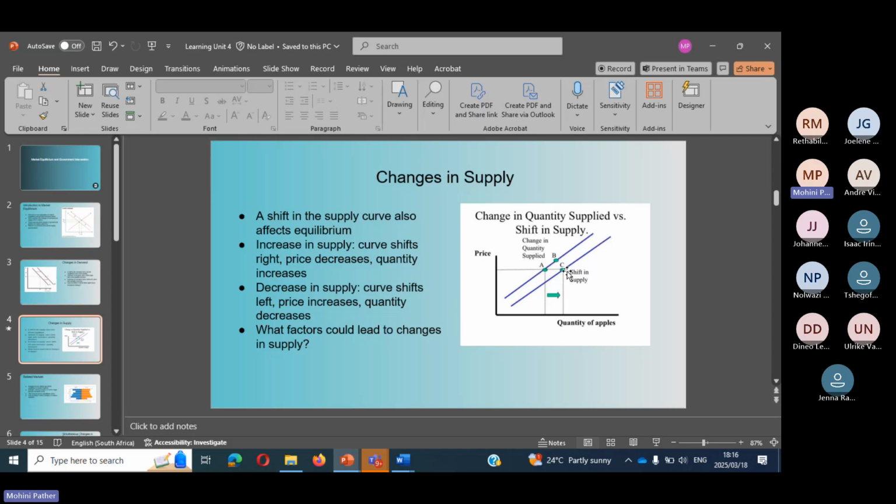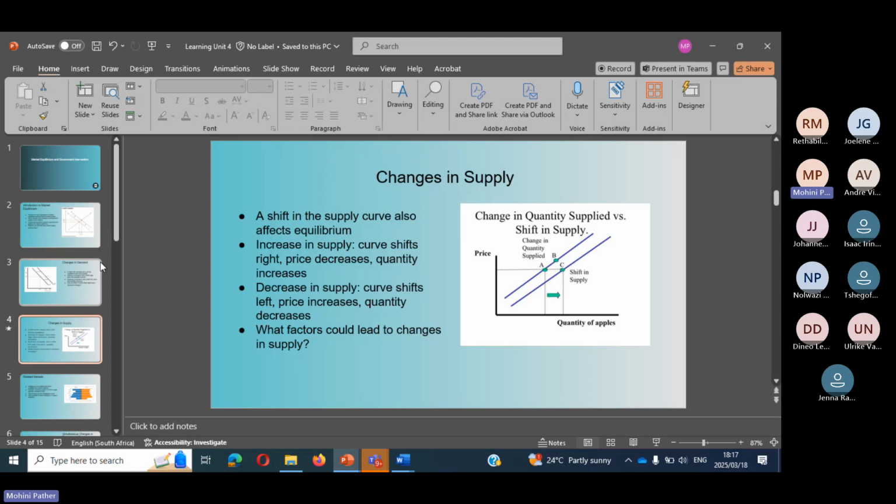If there is a natural disaster in Brazil and they all of a sudden are no longer able to provide us with the same quantity that they have previously been supplying to our market, that would cause a shift in the supply from C to A. So that's an automatic shift in the opposite direction. I just want to give you an indication, because the previous one was an increase in demand.